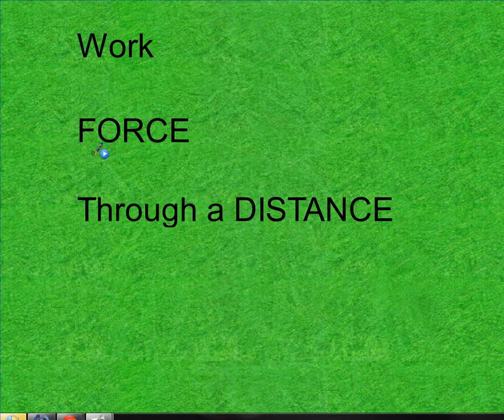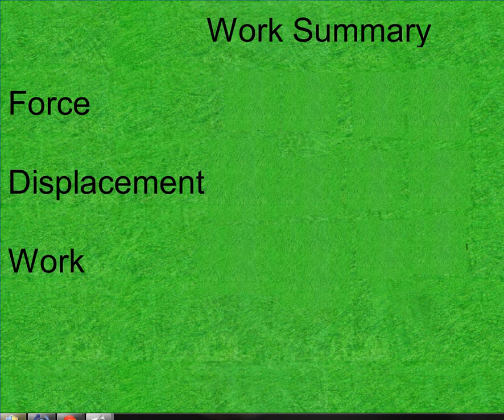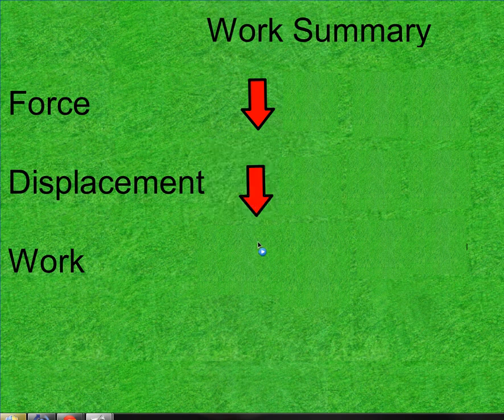Remember, work is force through a distance. Suppose I have a force that is pointing down. So Fg is pointing down. If my displacement is down as well, my work, since they're both in the same direction, is positive. So this will be speeding up.